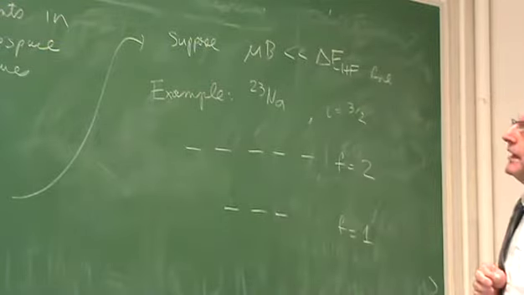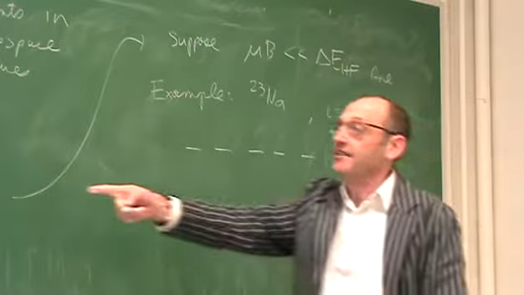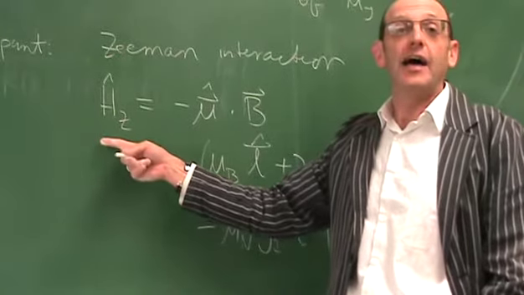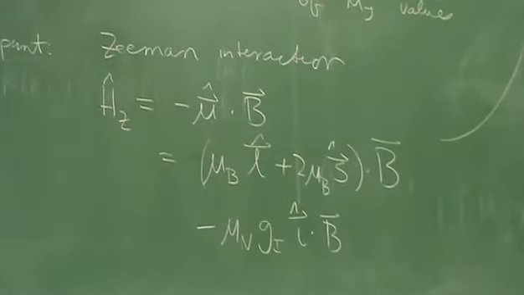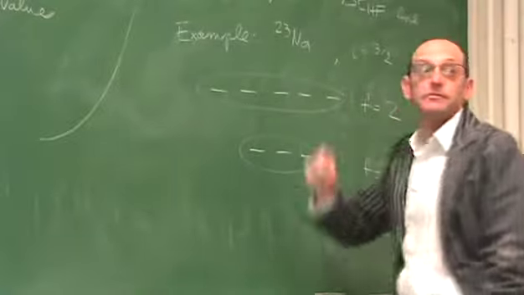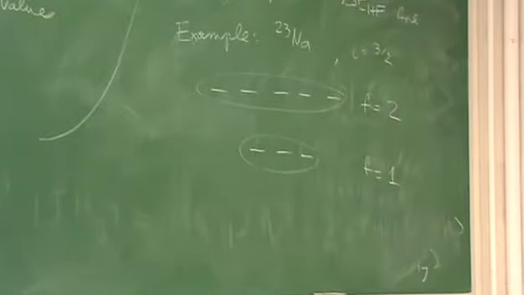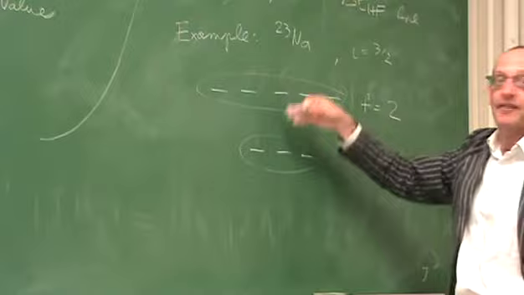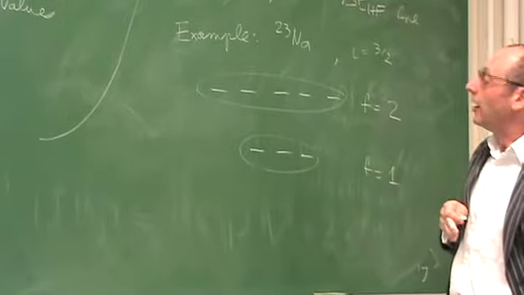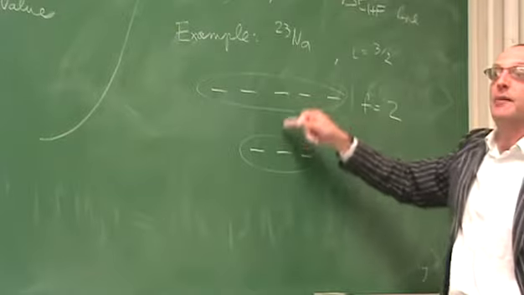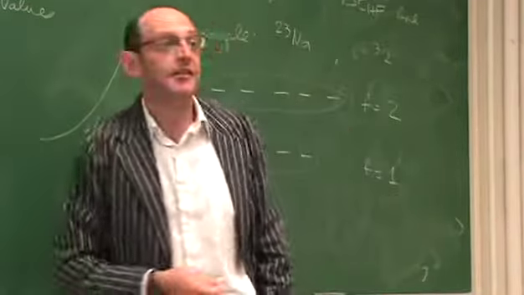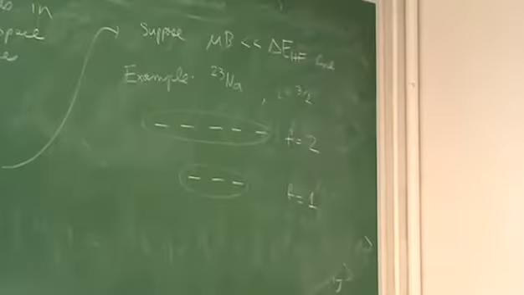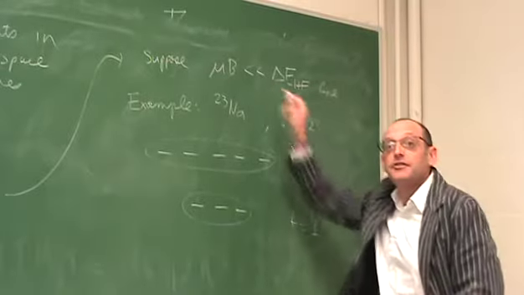Of course, to higher order, we would then have second order perturbations, which would have to do with the energy difference between the hyperfine manifolds and the strength of the Zeeman. That would give us what we call the quadratic Zeeman shift. But let's just say that that's a tiny effect, because this is small.